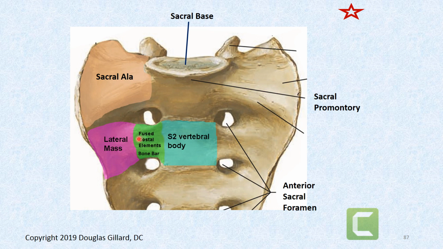If you go lateral to the sacral foramen, this is called lateral mass. This is rudimentary transverse process, but you call it lateral mass. This is also the S1 lateral mass, but no one ever calls it that. That is actually the sacral ala. Sacral ala.